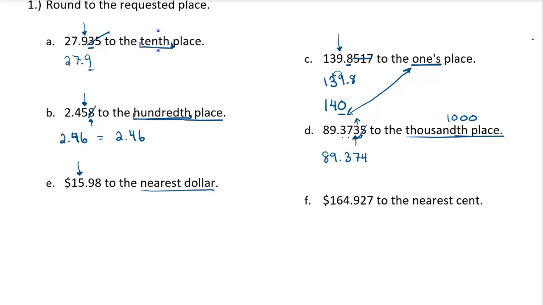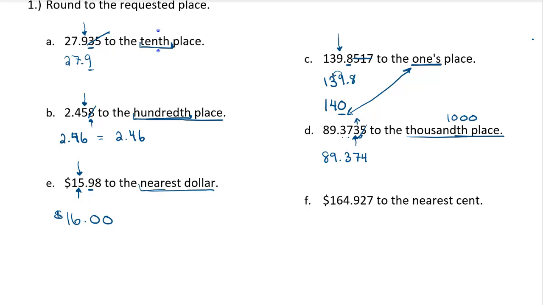Okay, but again, because it's nearest dollar, it's that first place to the left of the decimal. So I've marked it. Now I look to the right. 1, well, 9 is 5 or greater. So I know that this number, the 5, has to go up. So I get $16.